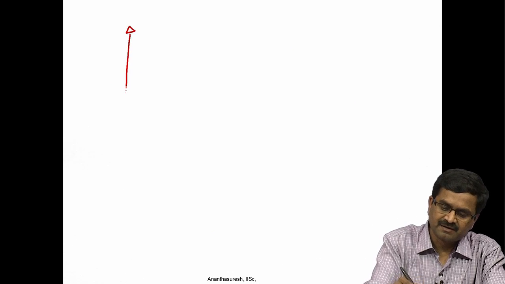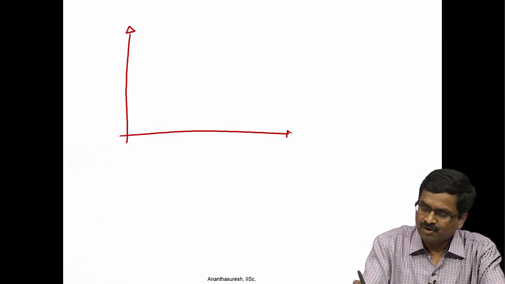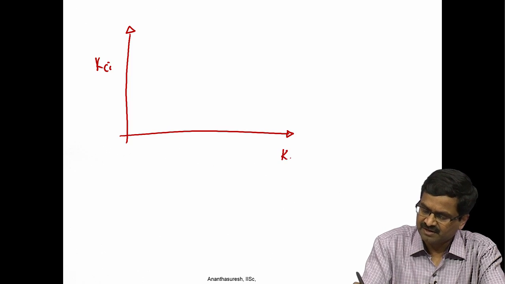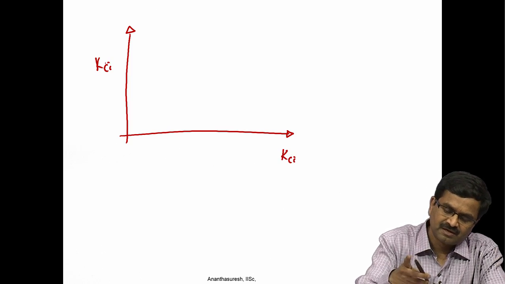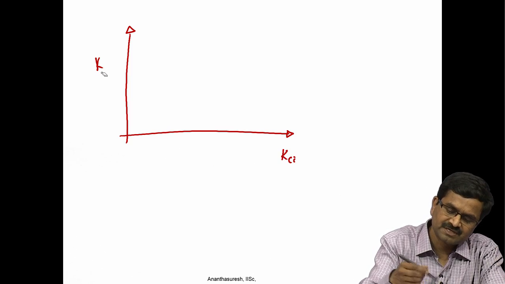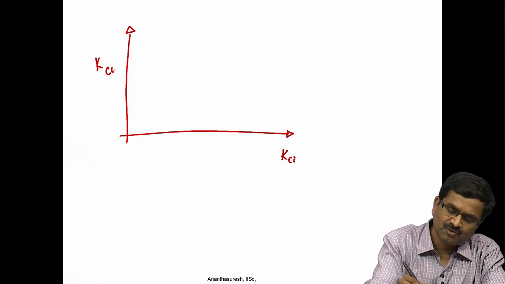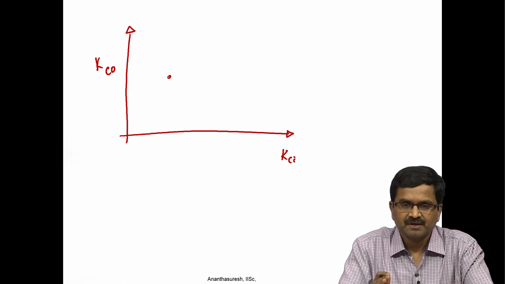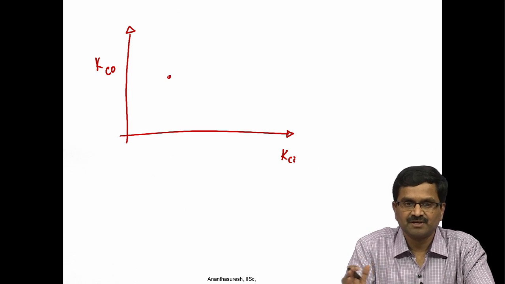If I want to consider the large displacement behavior and plot KCO versus KCI, it will be a single point if we consider the instantaneous behavior of the compliant mechanism.